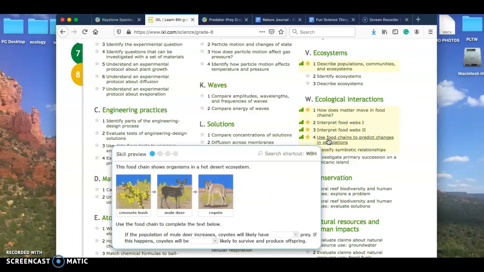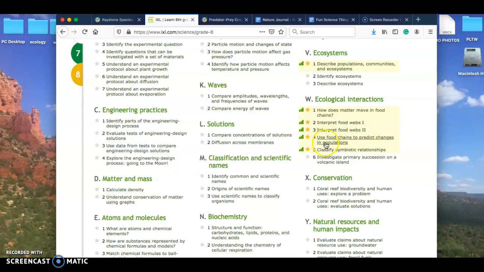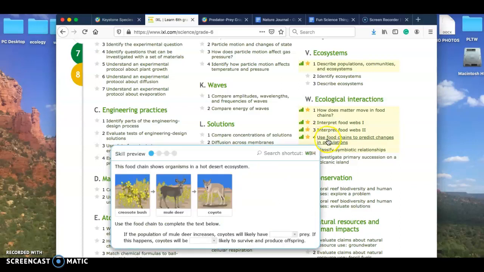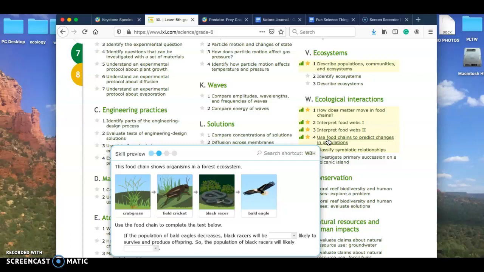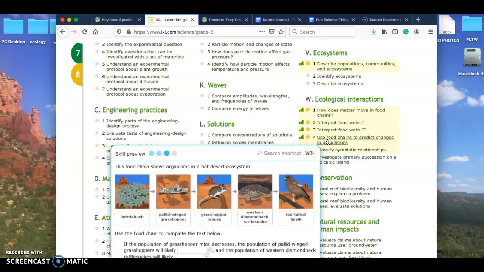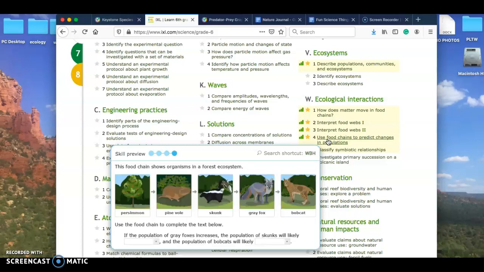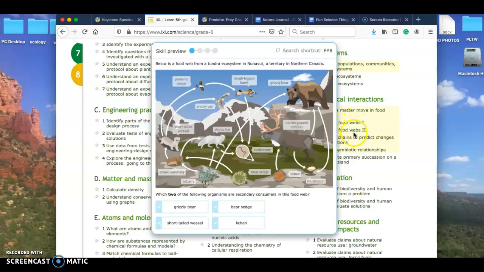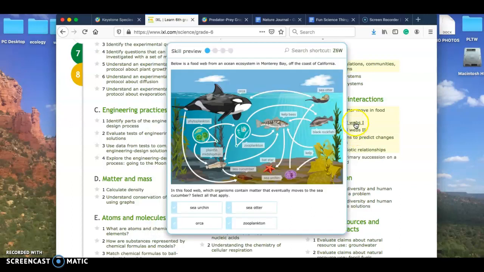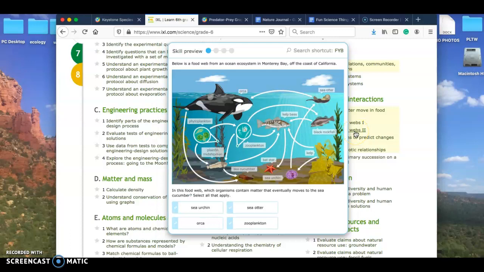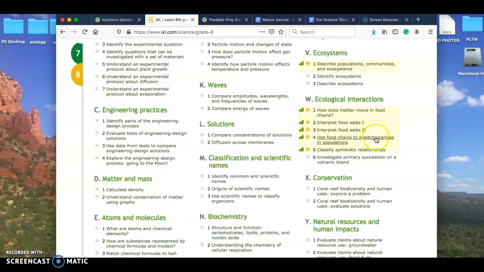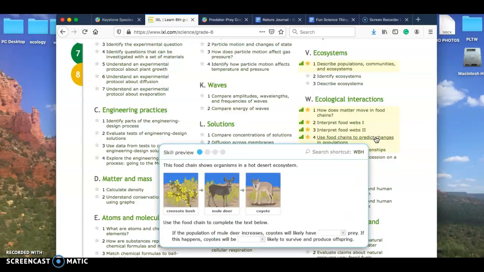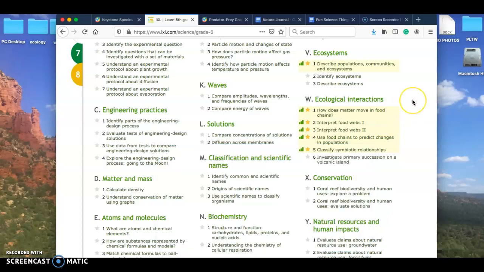If this number 4, use food chains, is presenting some challenges, if you're not having an easy time, if you don't think you're going to get that SMART score of 80, or 20 minutes is really frustrating for you, feel free to go back and take a look at either food chain 1 or food chain 2, and I think that'll help get you set up for number 4, if that makes sense.